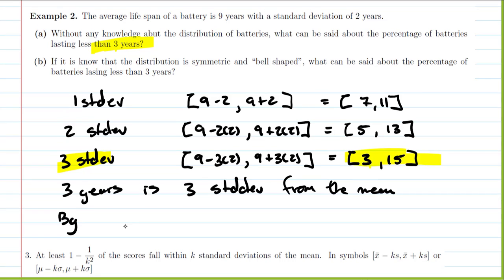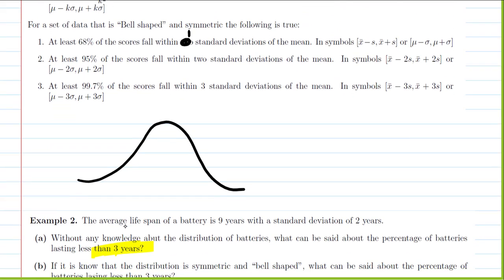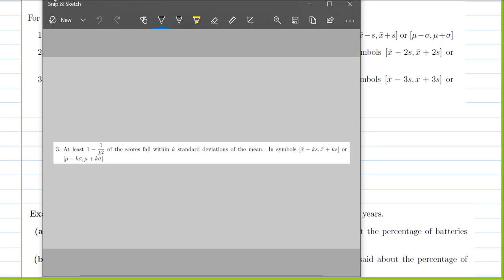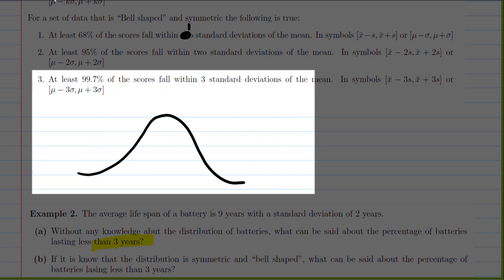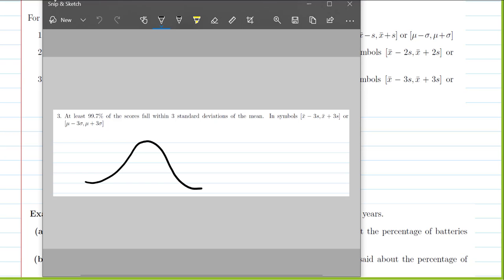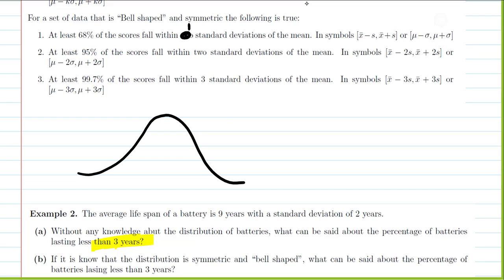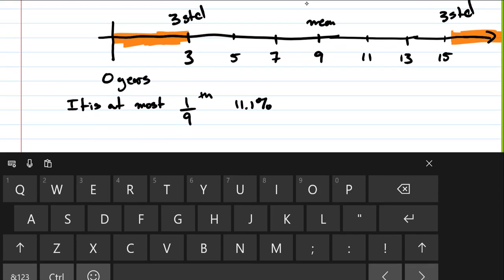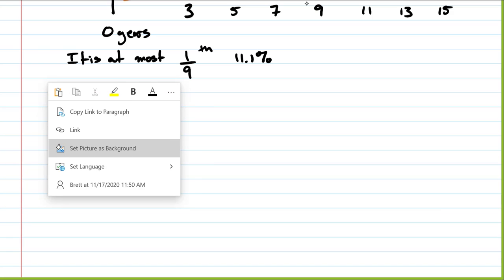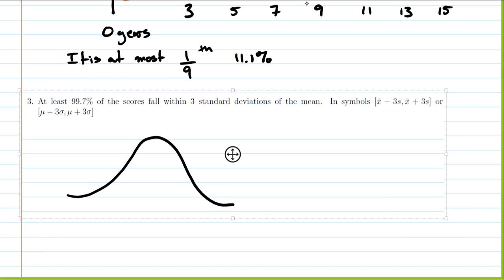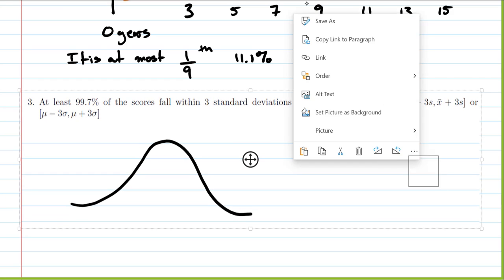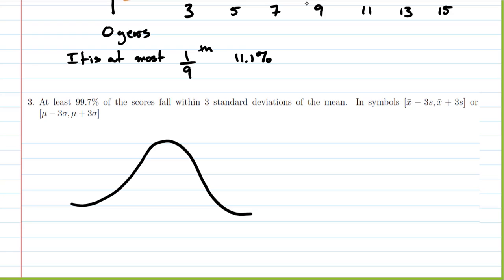Okay, so now, if it is known that the distribution is symmetric and bell-shaped, now what can we say? Well, if it's symmetric and bell-shaped, we can use this part. So here's where we can use symmetry to help us out. So this is our mean, and then we have our standard deviations.